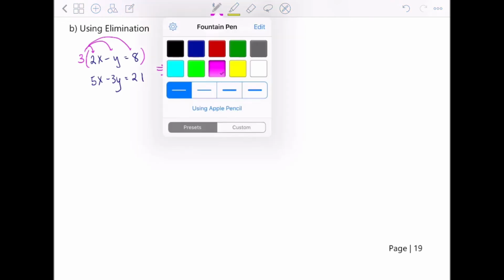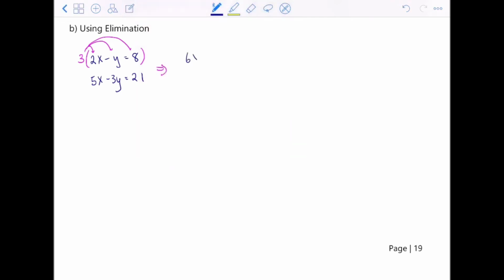So let's rewrite this first. We have 6x minus 3y equals 24. And then we're just going to write the same thing for equation 2. We're not changing anything, so let's leave it at that. And notice that these two are equal now, so we can actually just remove it.